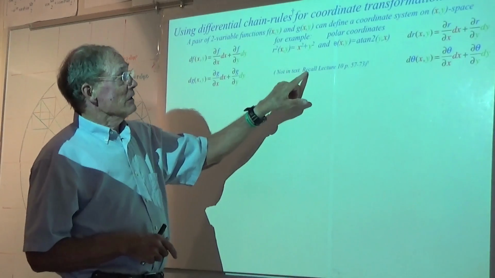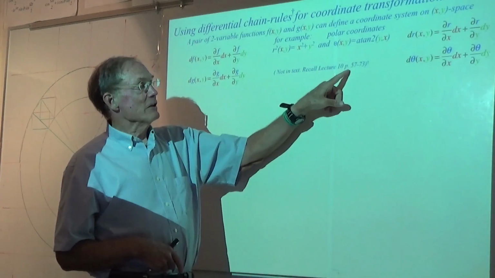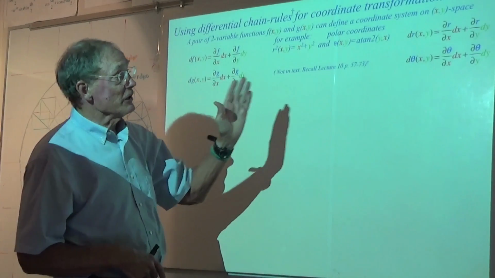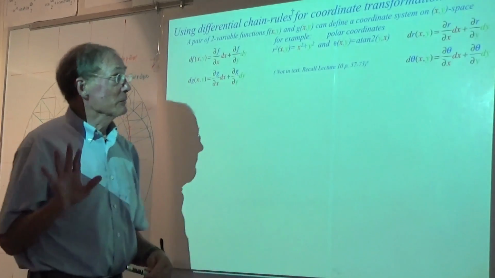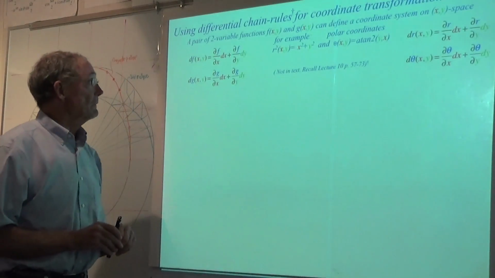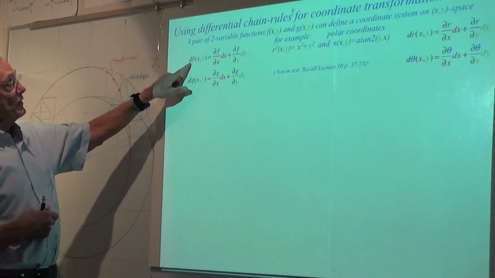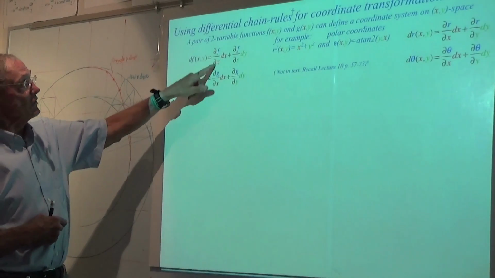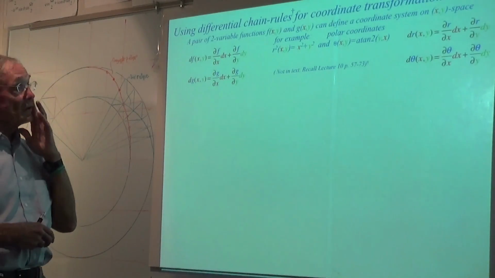The Boathouse lecture number 10, middle of it, 57 to 73, develops the concept of a chain rule differential, which you should be familiar with already, but if you're not, go back over that. Anyway, the idea is that a differential of some function of x and y is the sum of partials times the differentials of the independent variables, of which we're only going to have two here.